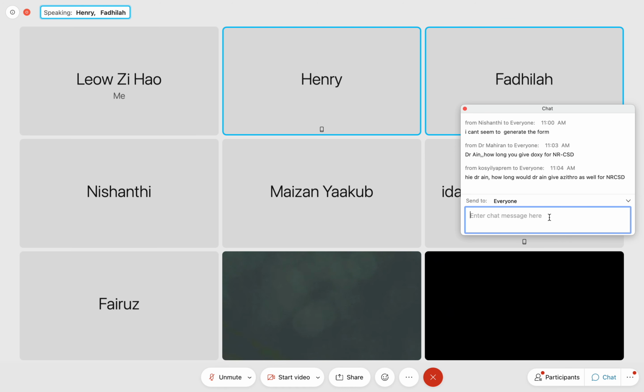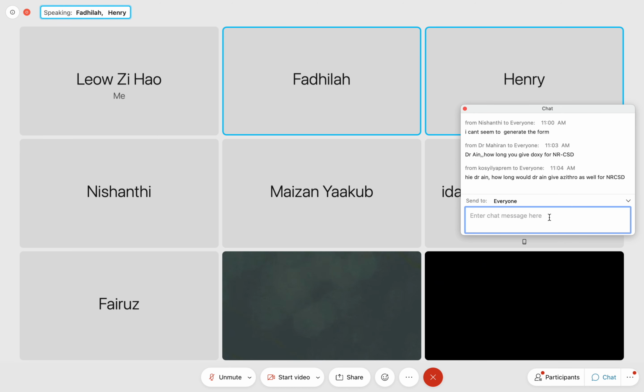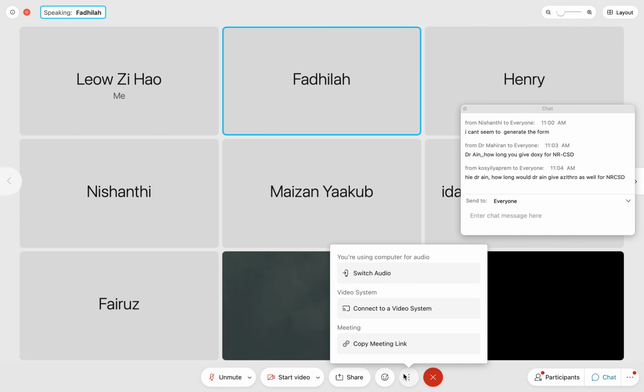There's an option of share content. No, I only have switch audio, connect to video system, and copy meeting link.